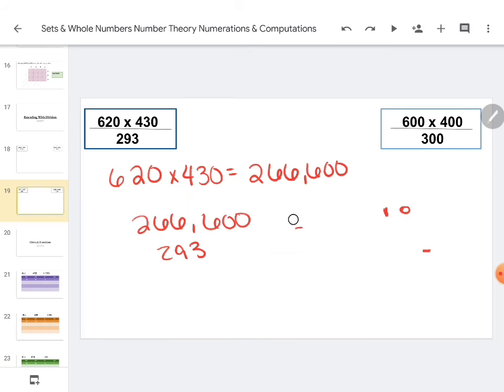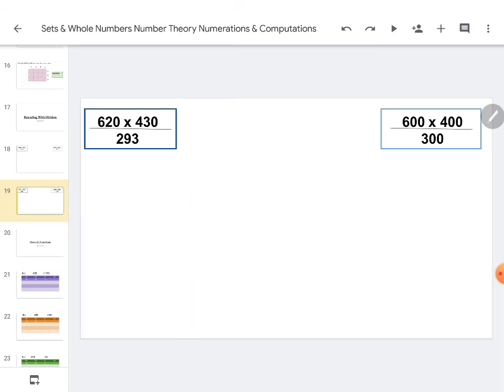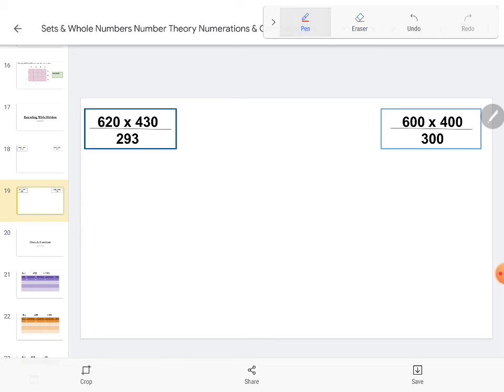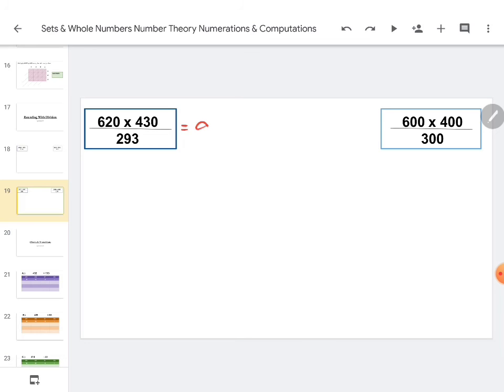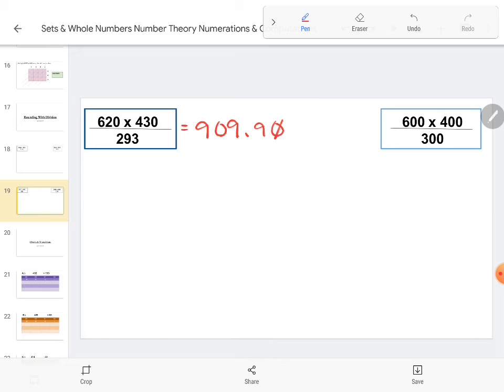So we will write our solution up top next to our original problem, equals 909.90.